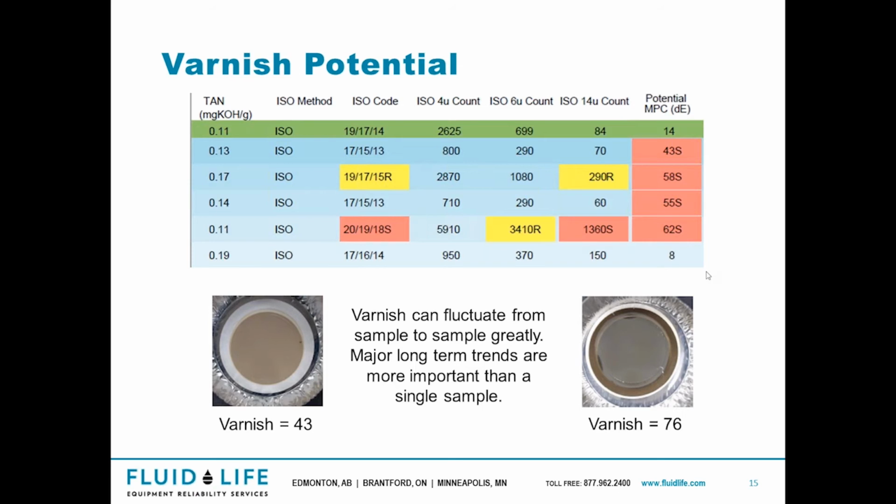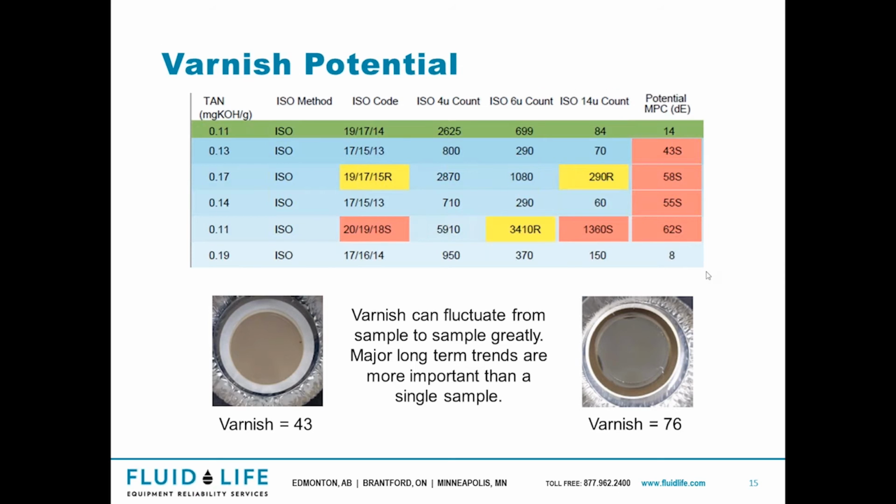It can really fluctuate. If a cold oil sample is taken, a lot of that varnish that's been solubilized in the oil will plate out onto cold surfaces of the turbine and then show up on a report as a very low number. But then you turn that turbine back on, you run it up to heat, and you take another sample, and now we've got a 75 varnish because all of that varnish has been resolubilized into the oil.